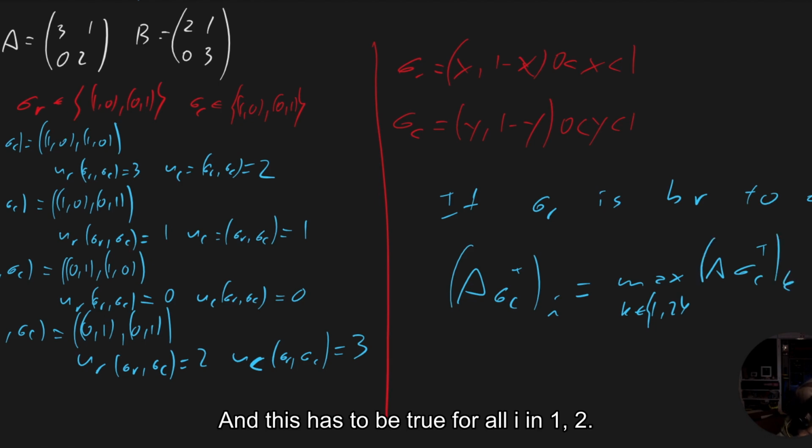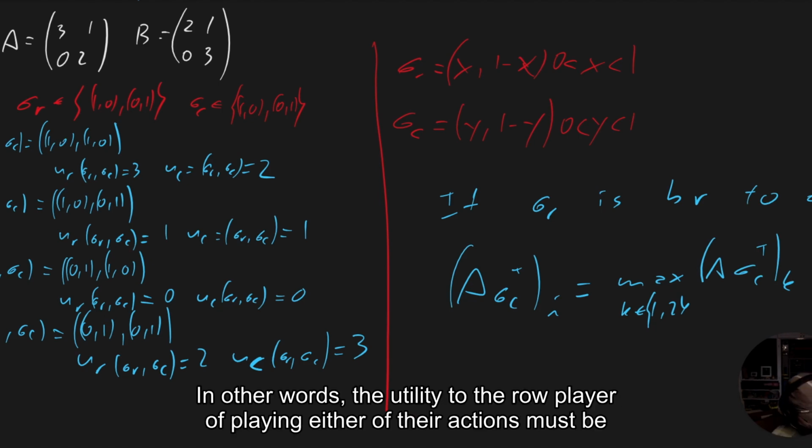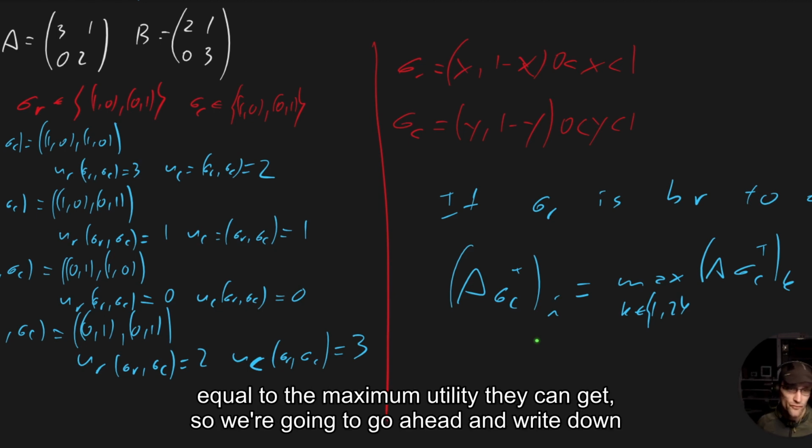And this has to be true for all i in 1, 2. In other words, the utility to the row player of playing either of their actions must be equal to the maximum utility they can get.